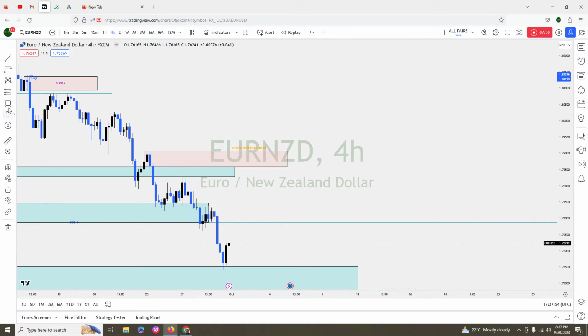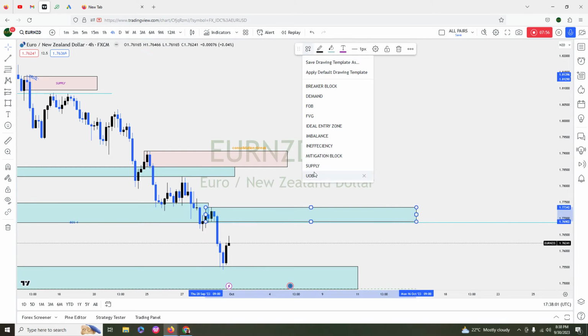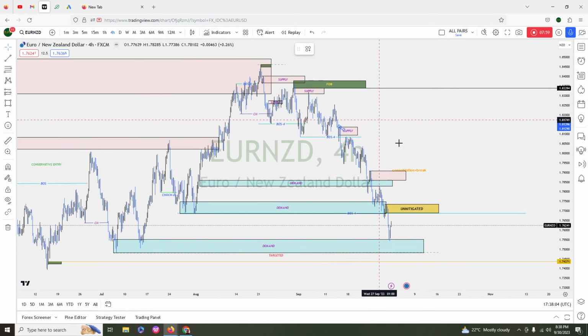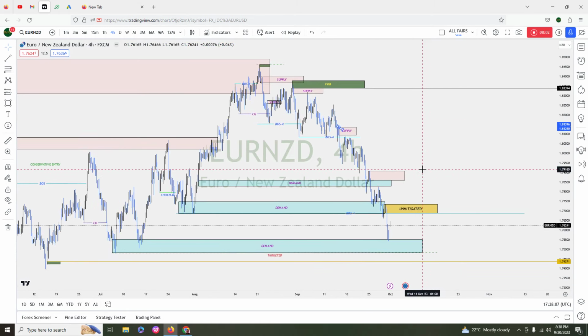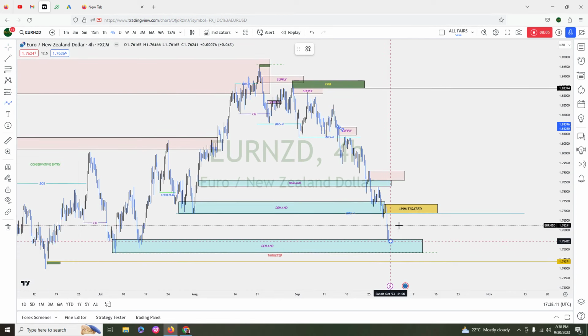So what is likely to happen is, in the coming days, we are likely to see a correction to this level. We are likely to see this kind of move: a correction, a reaction, maybe a consolidation, a break, a retest, then of course continuation.